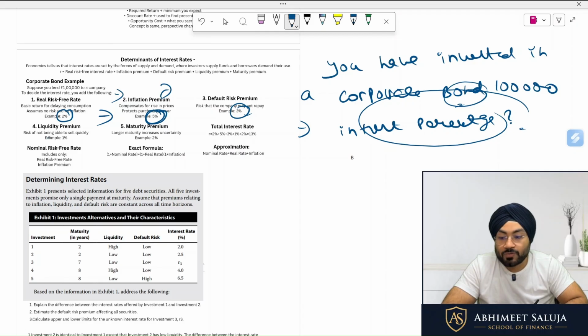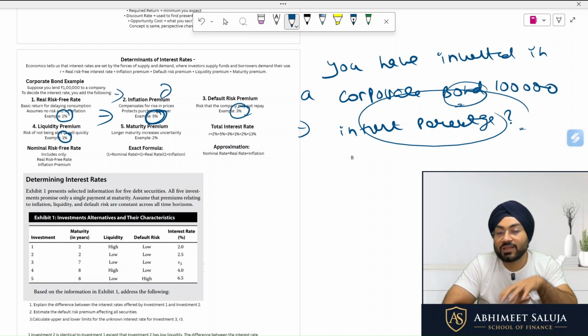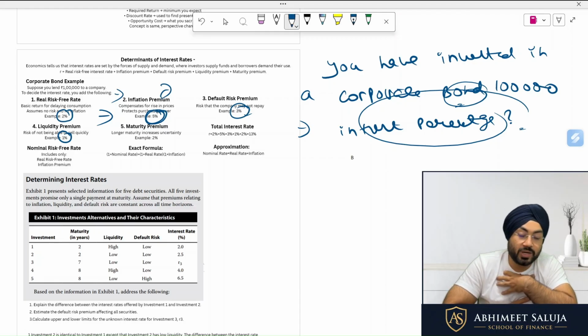Liquidity premium, the risk of not being able to sell the asset quickly. You invested in that corporate bond, and in between the life of the bond you needed the money back, but you are not able to sell that corporate bond. All right, if you are able to sell it, you are able to sell it at a deep discount.